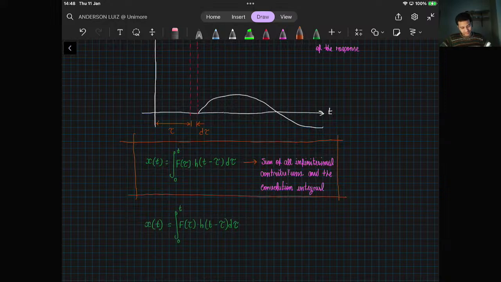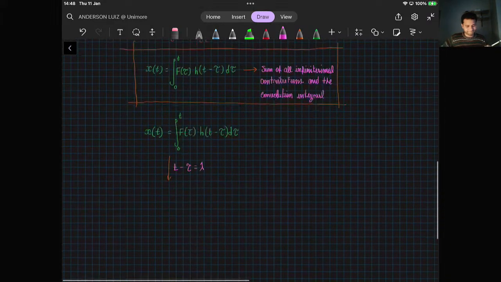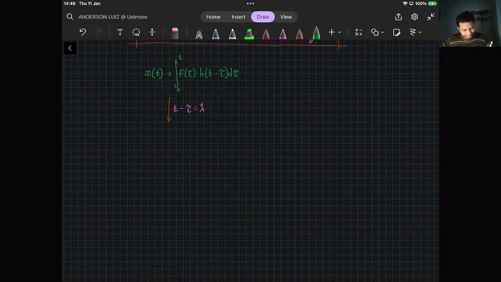Considering t minus tau equal to lambda, we will obtain the integral from 0 to t of f(t minus lambda) times h(lambda) d lambda.